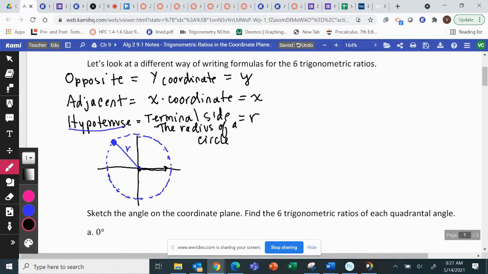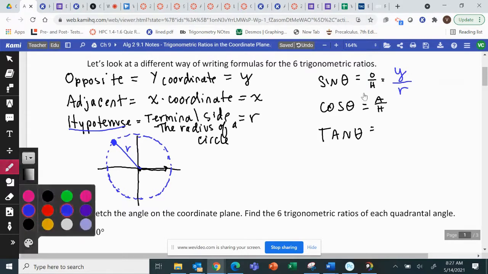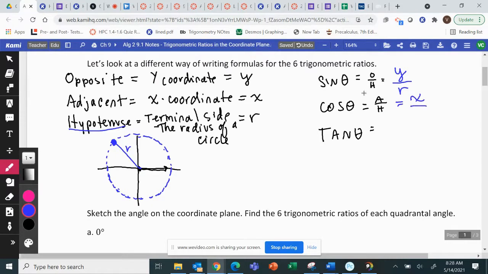So if we need to find the sine of theta, instead of saying opposite over hypotenuse, I'm now going to say y over r. The opposite is the y, the hypotenuse is the r. Instead of saying adjacent over hypotenuse, I might refer to it as x over r.